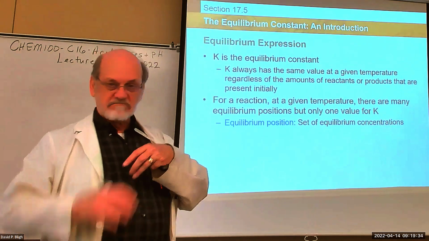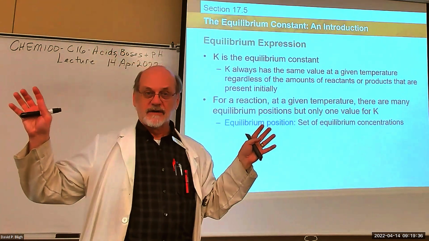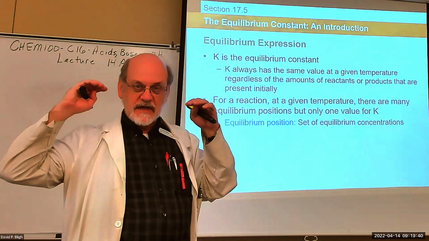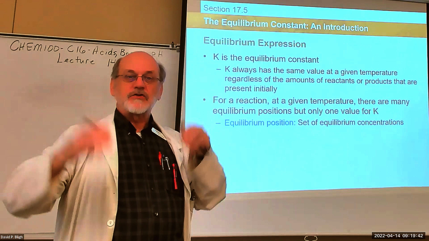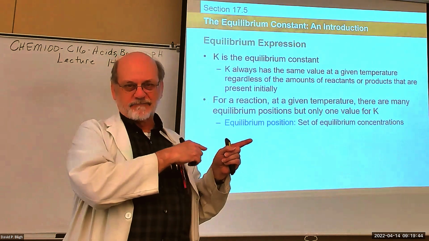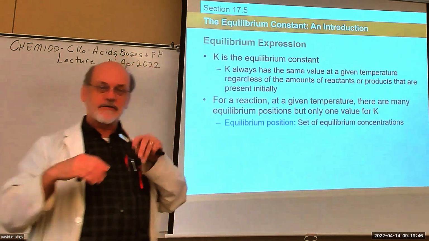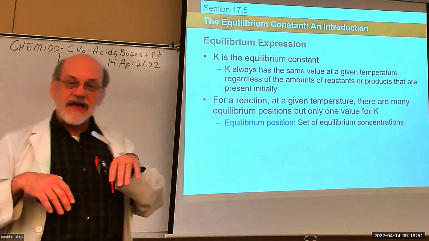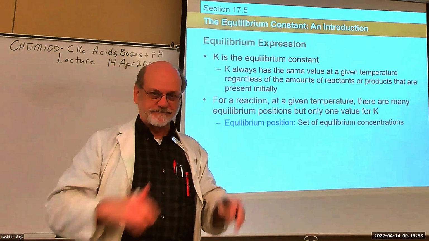And they can be wildly different as long as at equilibrium, the expression gives you the same constant, okay? So there's a difference between the equilibrium constant and the equilibrium position.